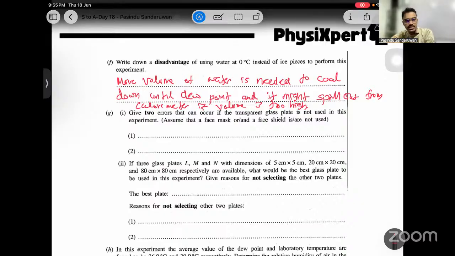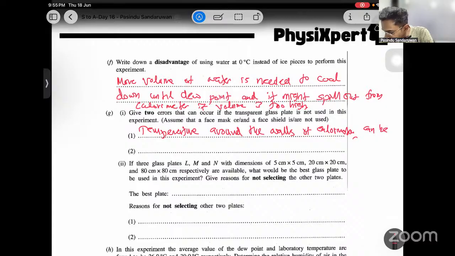Then one error is that the temperature around the walls of the calorimeter can be changed.